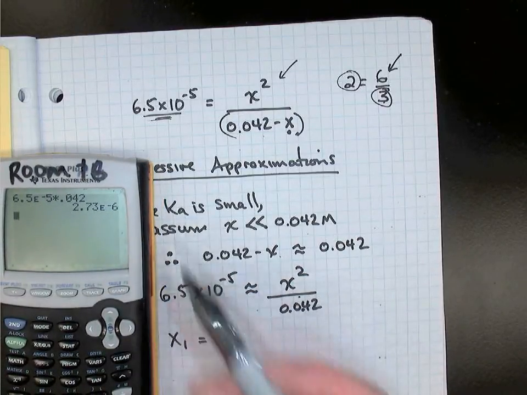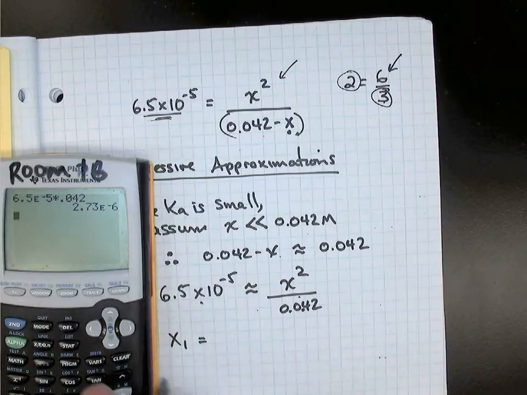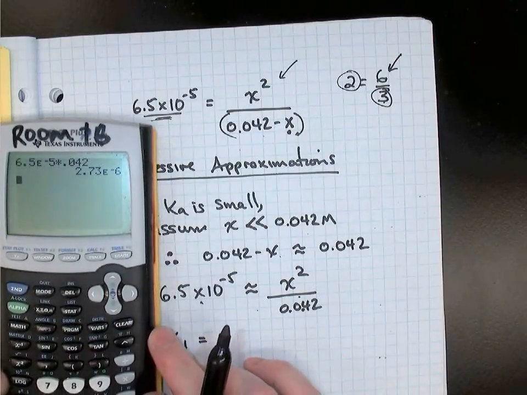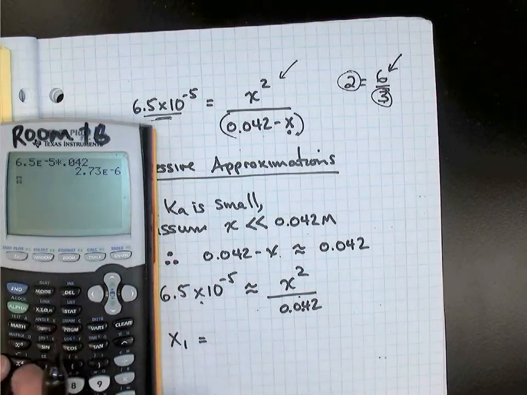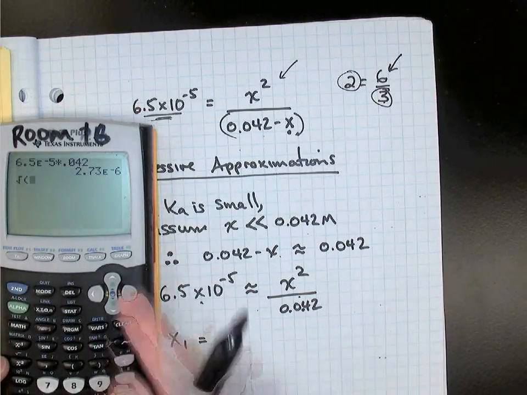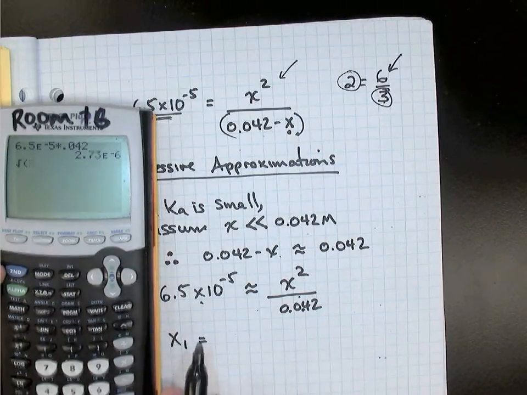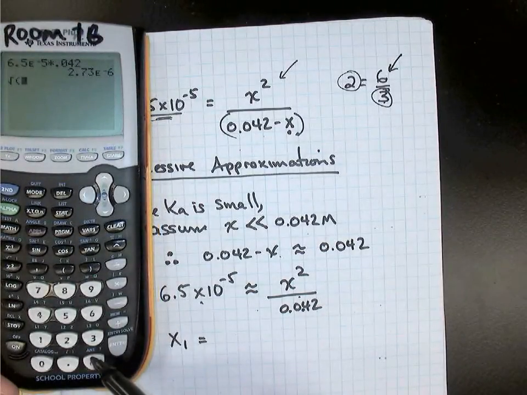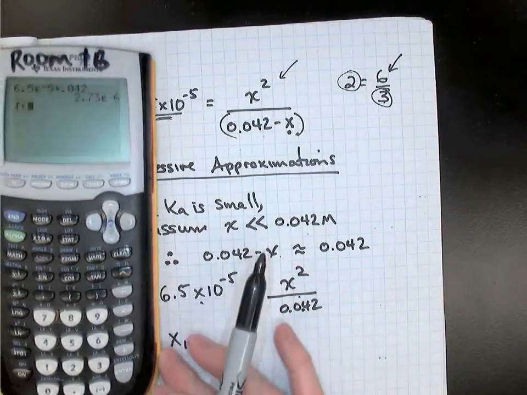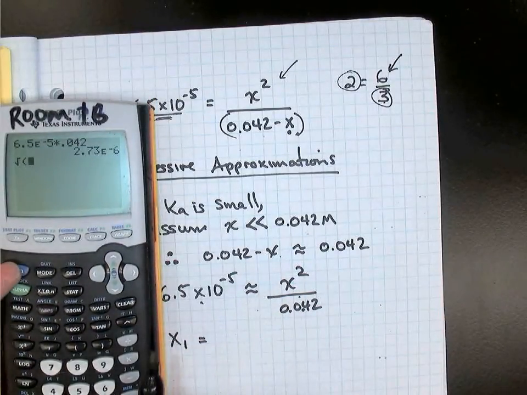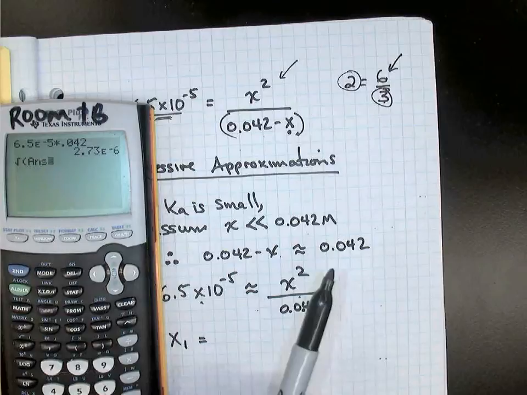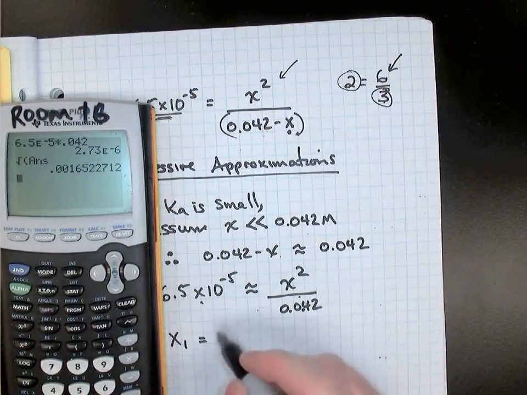To get x, I'm going to square root that number. I have a square root symbol right above the x squared button on the calculator, so second function square root of that answer. Now you could type it in, or right above the minus symbol at the bottom of the calculator it says answer, ANS, so we can take the square root of the answer and then press enter.